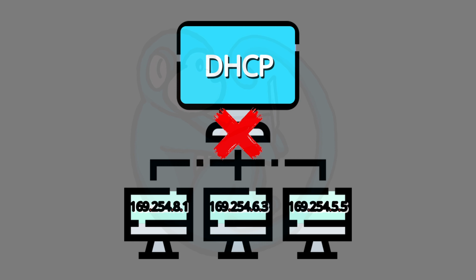And about every 3 minutes, or whenever the network interface senses a change, the automatic private IP address service checks for the presence of a DHCP server. And if it sees one, then the IP address assigned by the DHCP server will replace that of the auto-assigned IP.